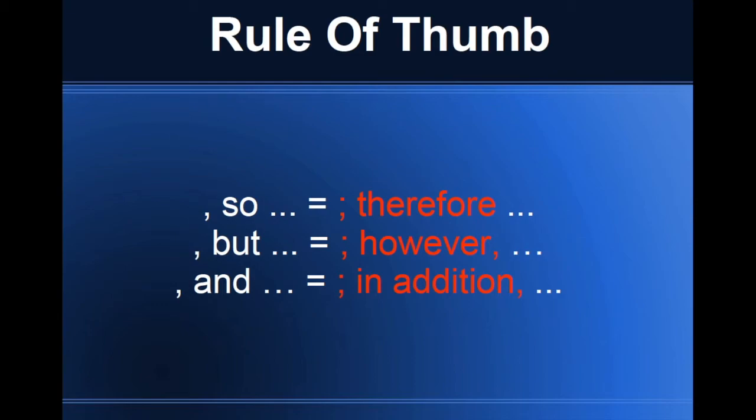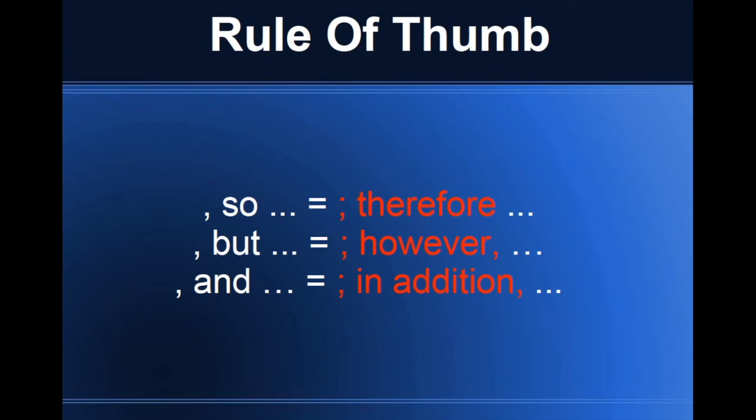Those are the examples. But they have the same meaning as so, but, and. The difference is that we would use so, but, and after a comma because they represent a shorter pause. But a longer pause with a semicolon needs to be followed by a more formal sounding phrase.